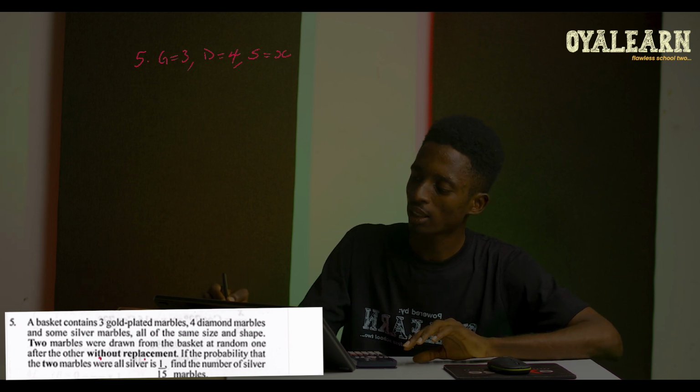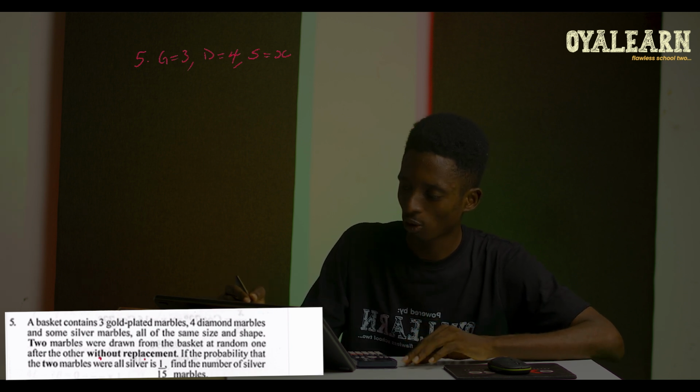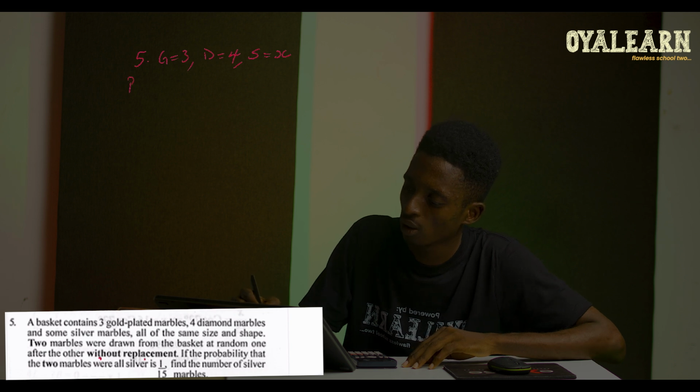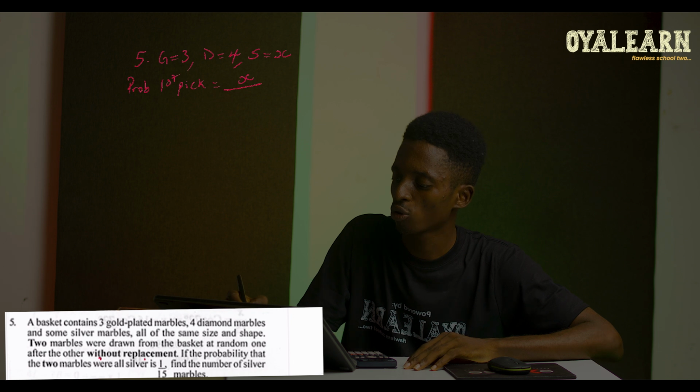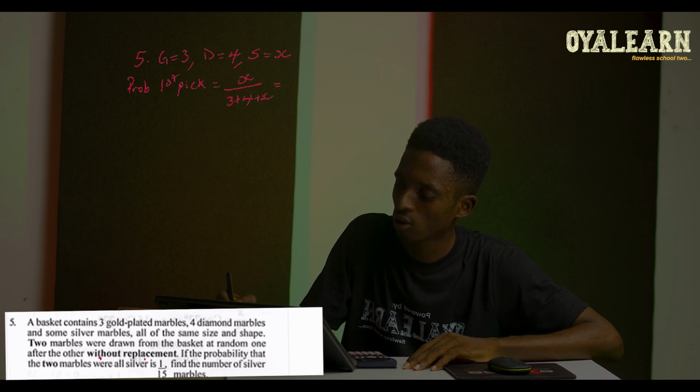So to solve this, we take the probability of the first pick and then the second pick, and then we solve. So the probability that the first pick is silver is given by the number of silver marbles, which is x, over the total number of marbles, 3 plus 4 plus x. This gives us x over 7 plus x.